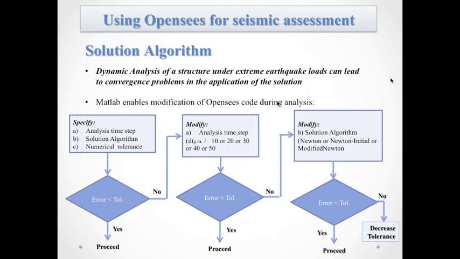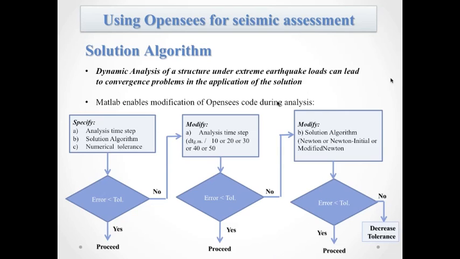probably he will experience very few convergence issues, but in terms of computational time, the time increases so much that it makes the study not efficient, because we need hundreds of analyses to do this parametric study. We are changing parameters, and for each of these, we are performing a number of dynamic analyses. So this code practically changes the time step depending on whether the error is smaller or larger than the tolerance.